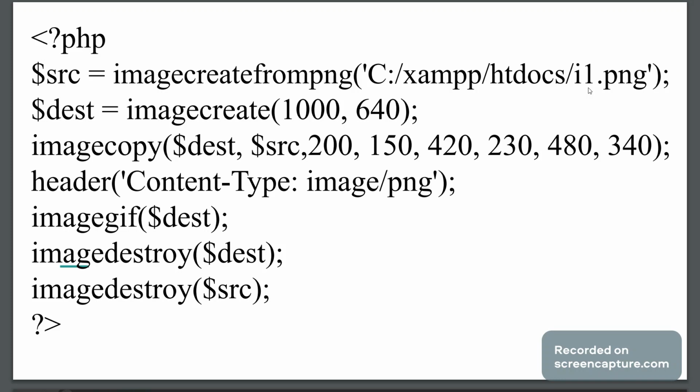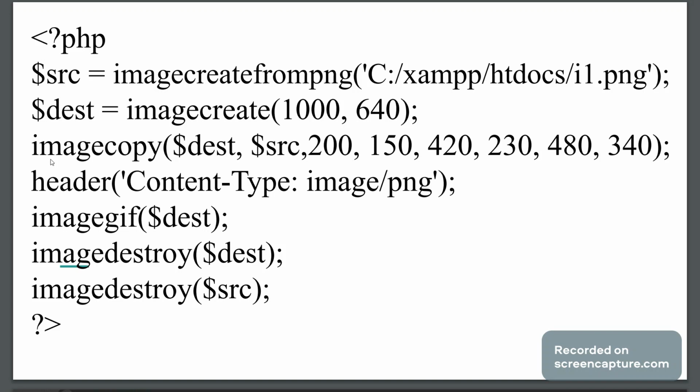So in the source image I am giving the path of my image, that's why I am writing imagecreatefrompng. Now for the destination, I want a new image to be created as the destination image, so I am writing imagecreate only, where I have to give just the width and height.